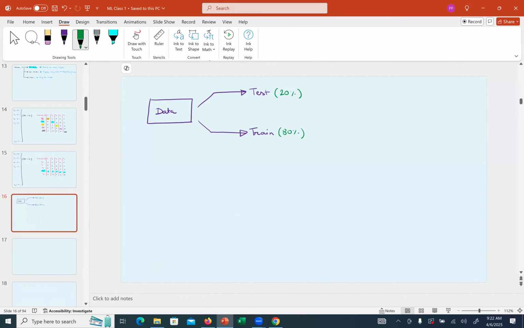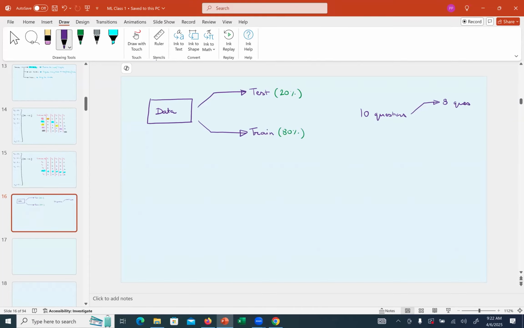What is the meaning of this? Let's say you are a teacher and you are teaching a student. For practice, I have 10 questions in hand. I will use 8 questions to discuss or explain the concept in the class.